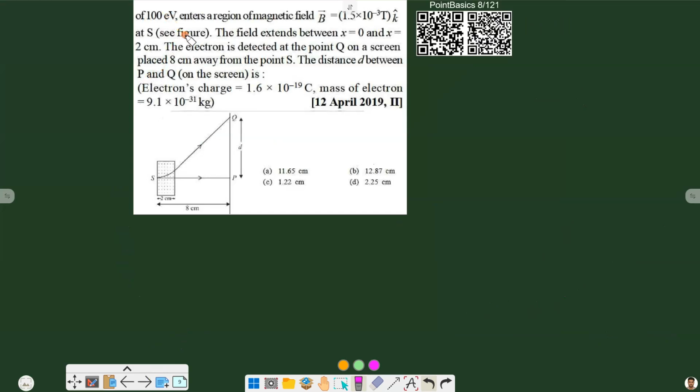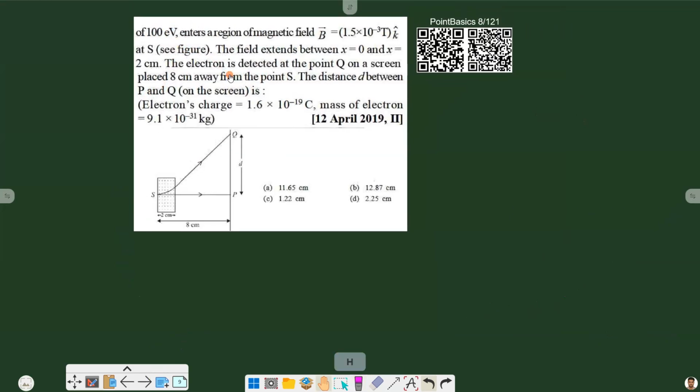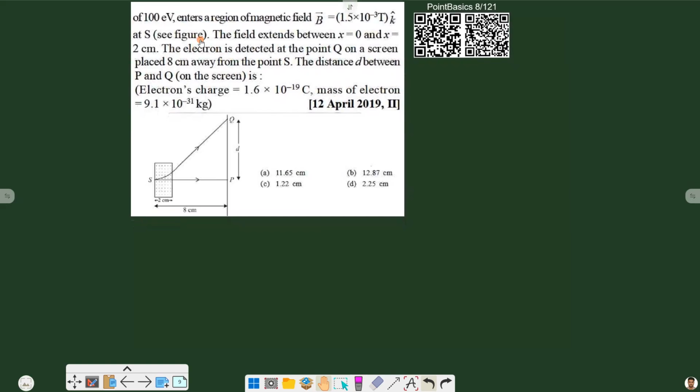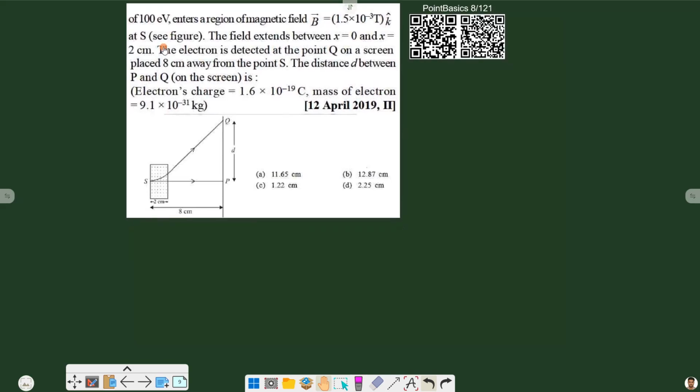Here, I think we have some portion which got missed. So we have an electron here actually.